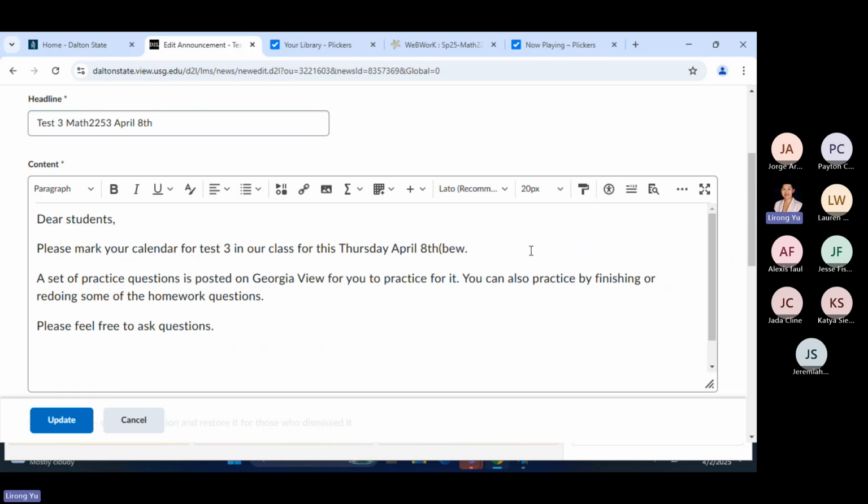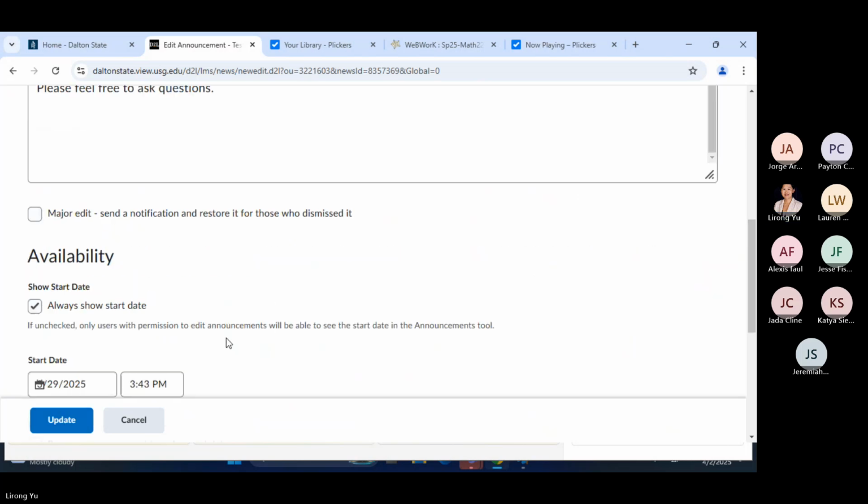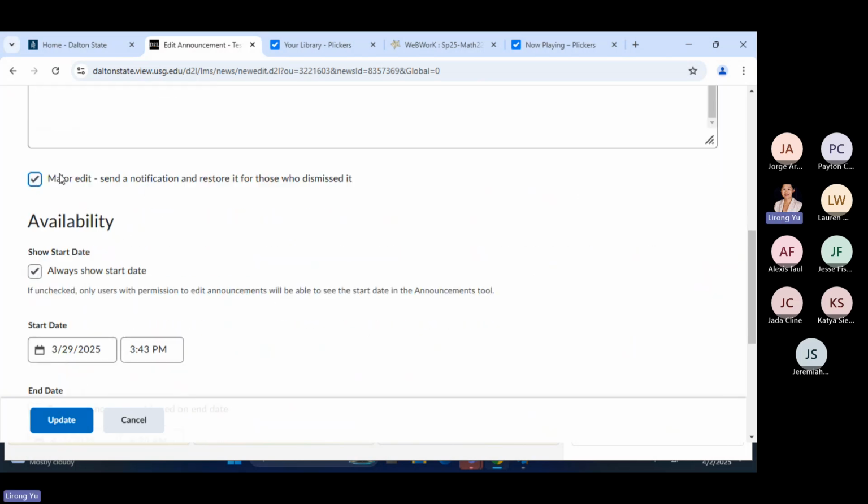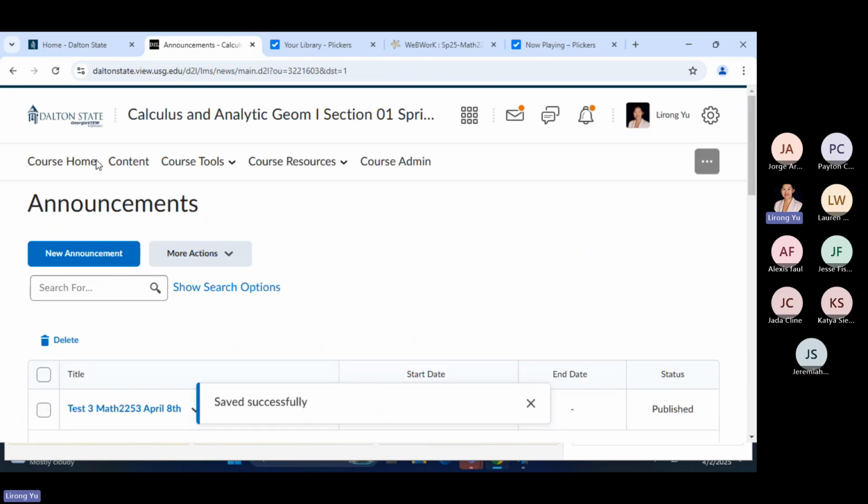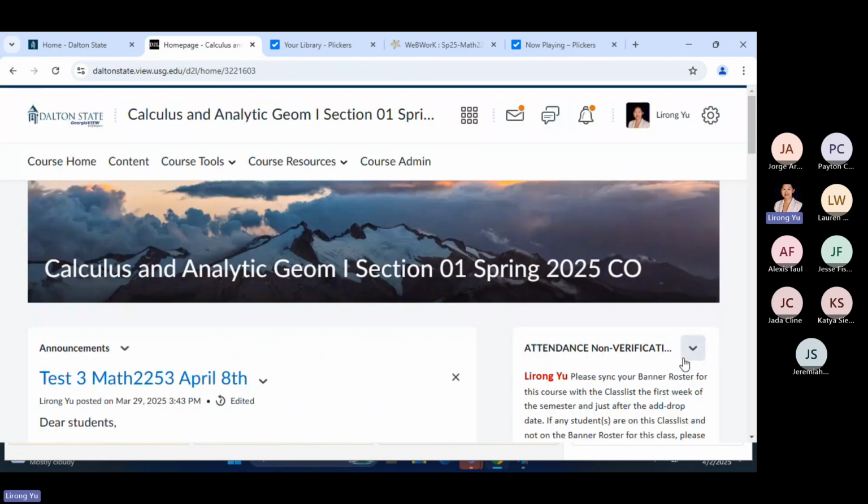Actually, you indicate that I sent out a message before, so change it. Make sure everybody receives a new email about it, so everyone would know when the test is. All right, so that's it.